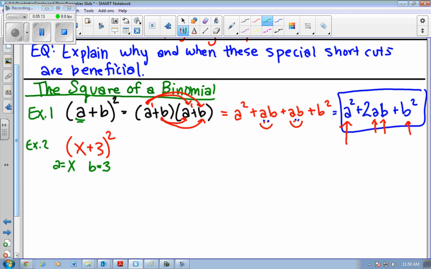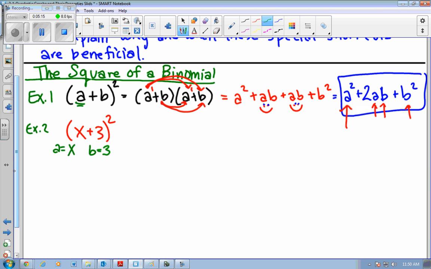Okay? Now, the shortcut is we square the first guy. The first guy in the a position was x. So we're going to square it. Make sure you're writing, please. Plus 2 times 1 of each of them, which was x and 3, plus the b squared.